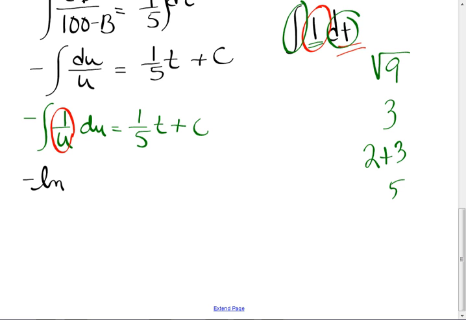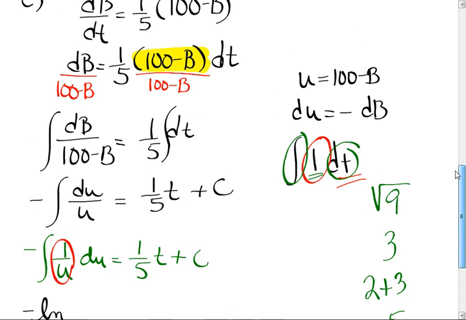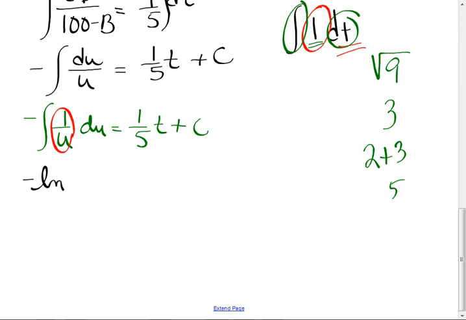What was u? 100 minus b. It would be correct, but the absolute value is unnecessary because the weight can't be negative, right? True. But you have to get rid of it eventually.